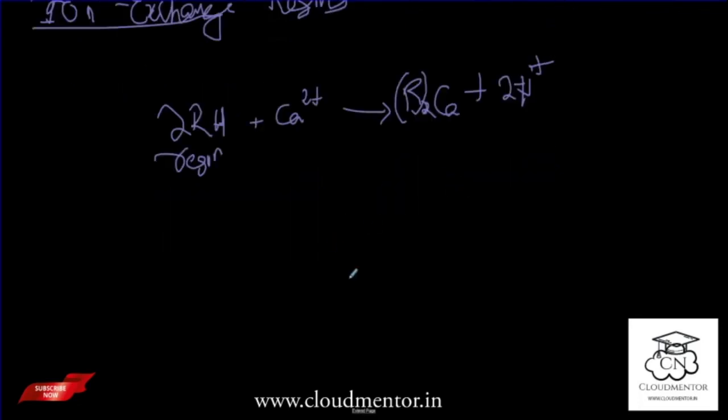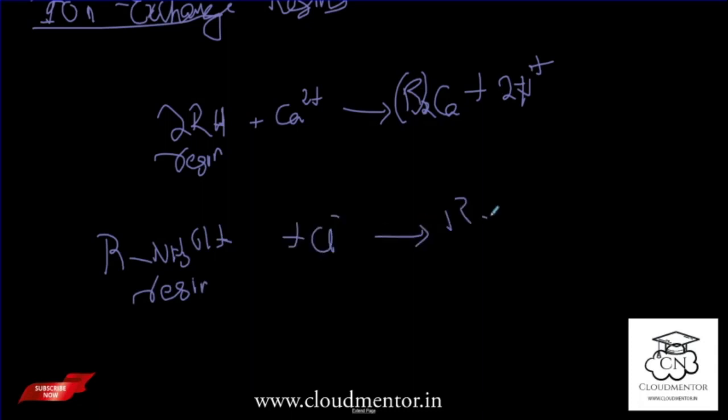That reaction is RNH3OH, a particular type of resin, which reacts with chloride ion to give RNH3Cl plus OH-. Here exchange takes place.